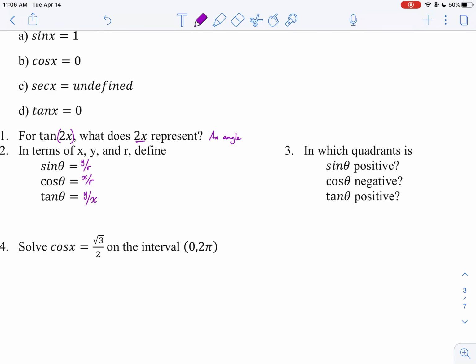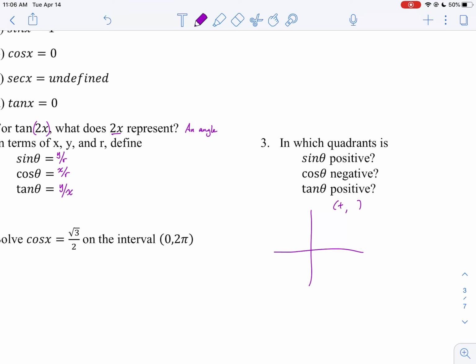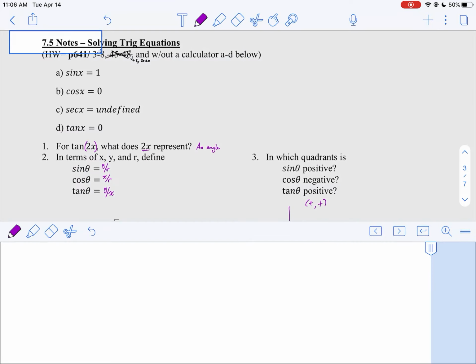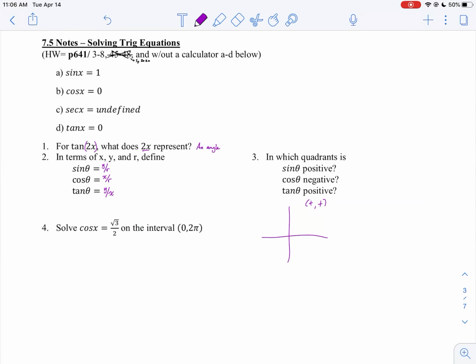So if I put the definitions together with these questions and we think about x and y values, x values in this quadrant are positive and y values are positive as well. And so you can think of x, y as positive, positive.